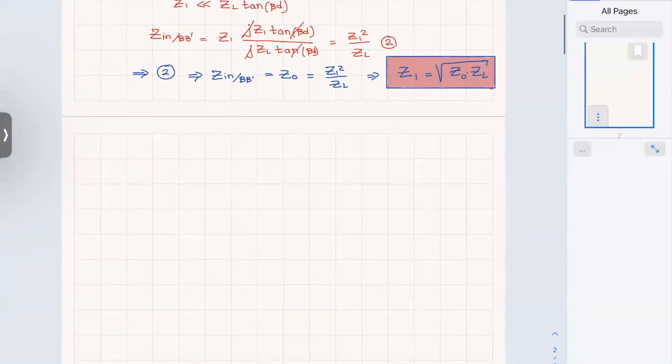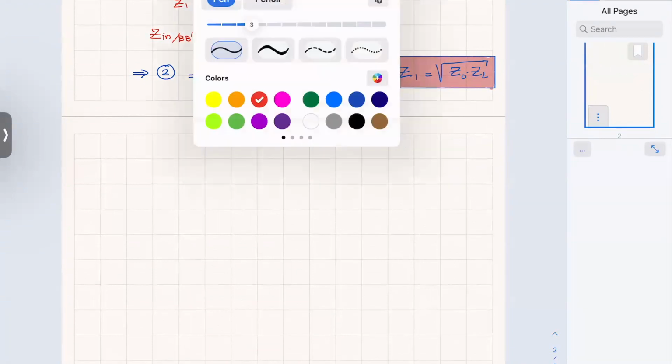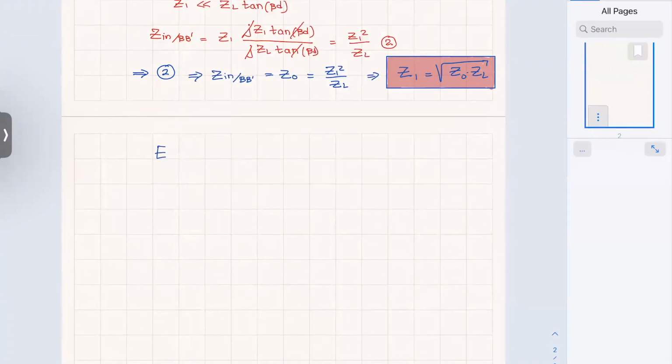Okay, so let us do a particular example. Consider in the above example here, let's assume, what could I give you? I could give you the frequency, F equals, say, 5 gigahertz.